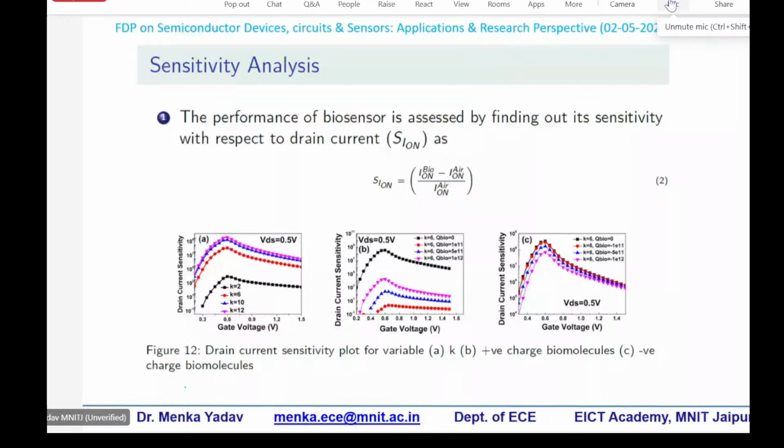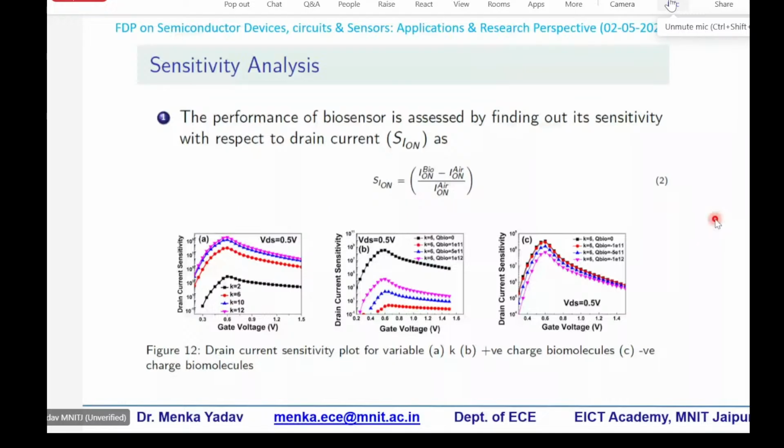There are three types of sensitivity we have taken into consideration. We have taken the drain current sensitivity in this particular case. Another category is the ION by IOFF ratio, and the IOFF ratio alone. These are the different categories, along with VTH.